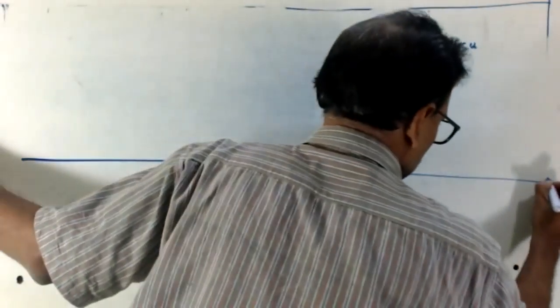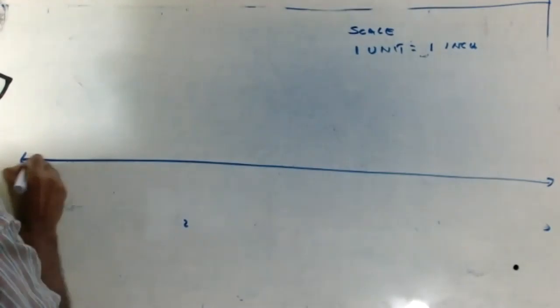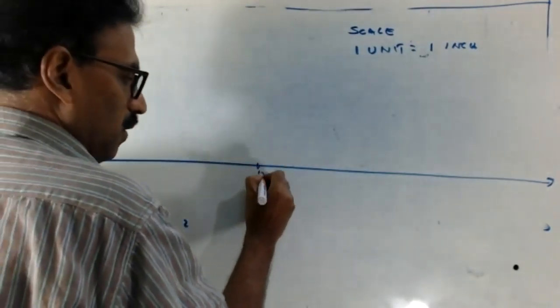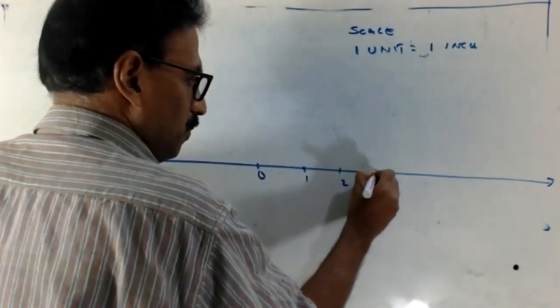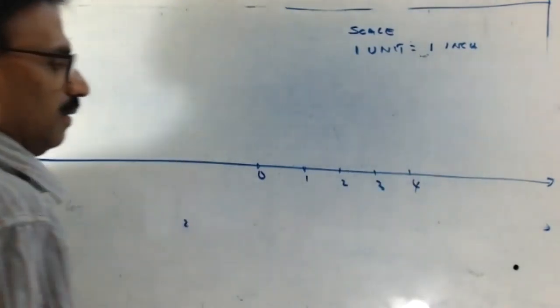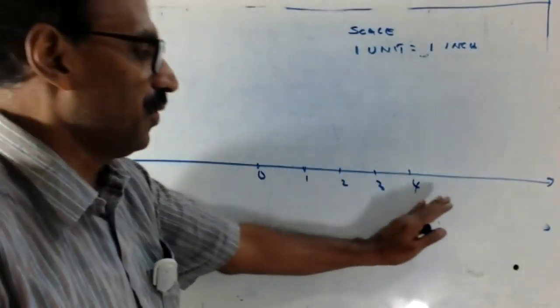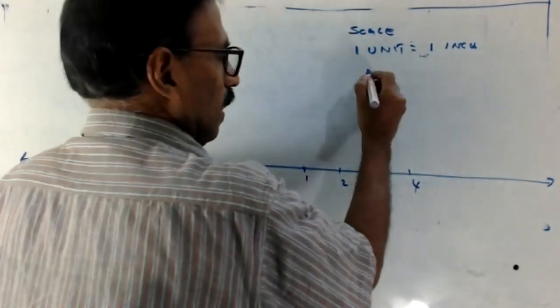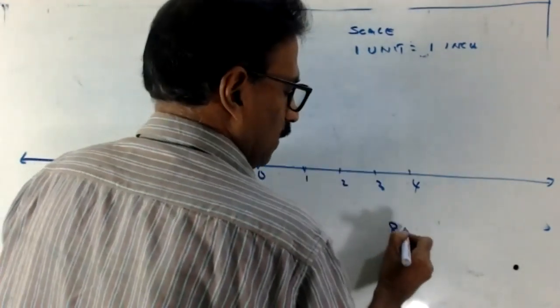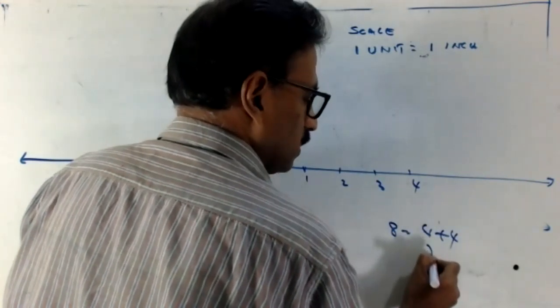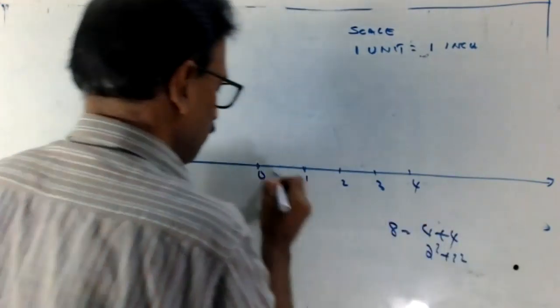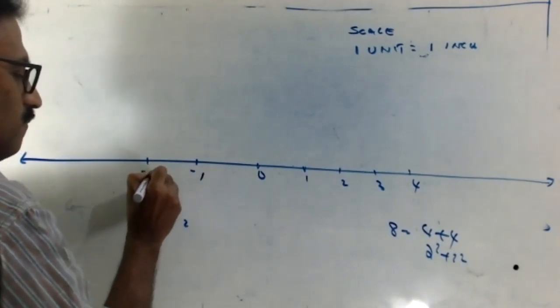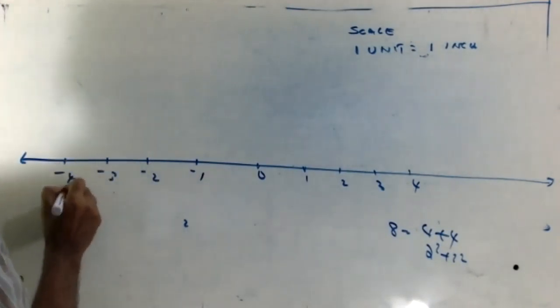Then a number line: 0, 1, 2, 3, 4. Here this is 4 units. So look here: 8 equals 4 plus 4, that is 2 square plus 2 square. Here minus 1, minus 2, minus 3, minus 4.